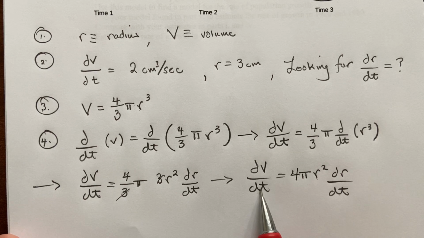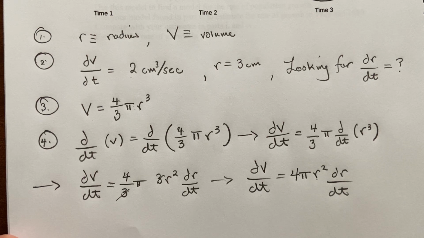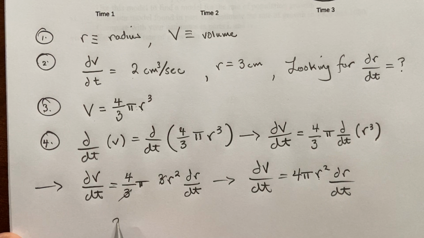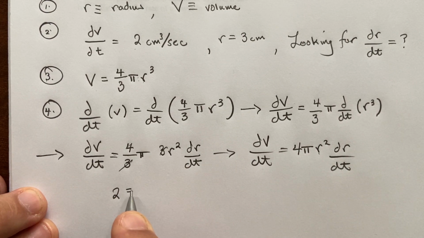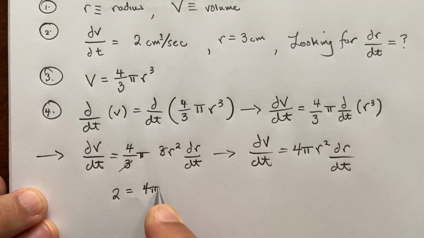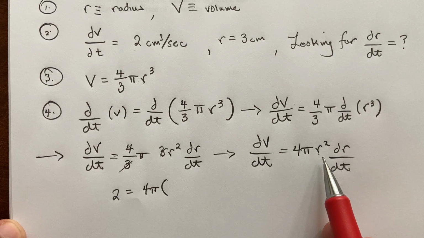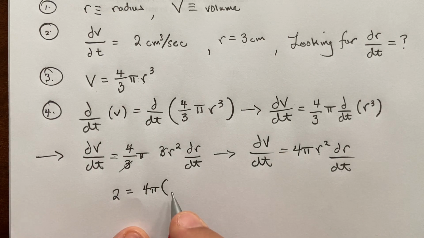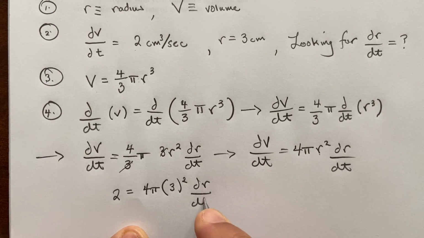I know dV/dt is this 2. So I can substitute. So 2, that's dV/dt, equals 4 pi times r squared, which is 3. So I'll have 3 squared, and then times dr/dt.